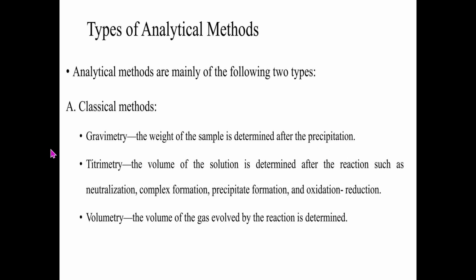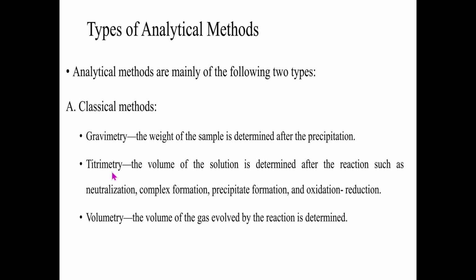That means we can determine the weight of a given sample through a precipitation technique. The substance is first precipitated through a precipitating agent, and we measure the weight of that precipitated substance, through which we can determine the weight of the sample. This technique is known as the gravimetry technique.